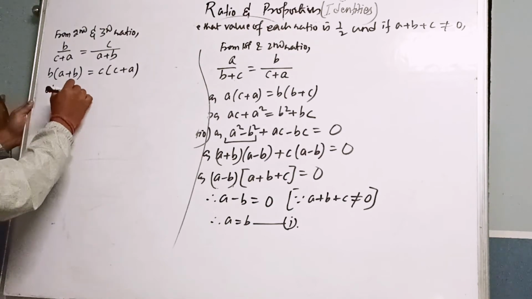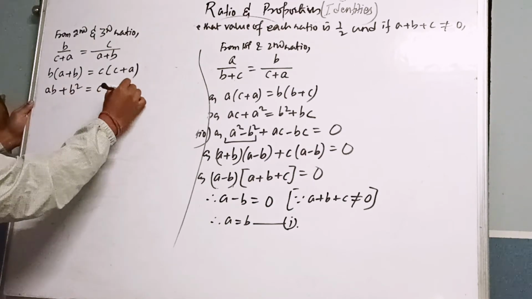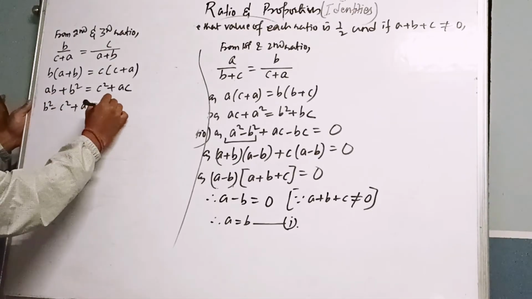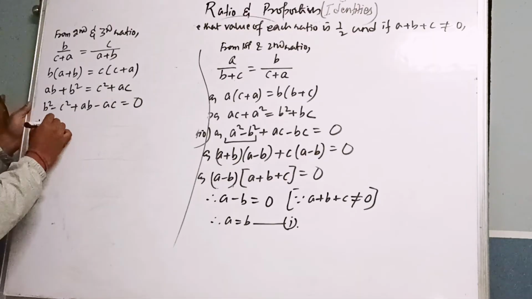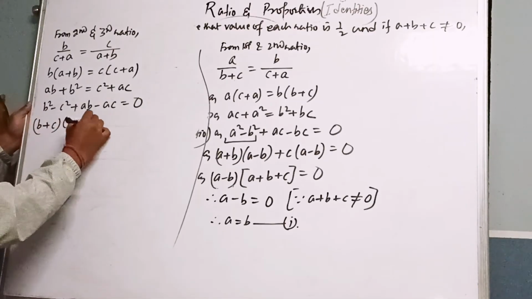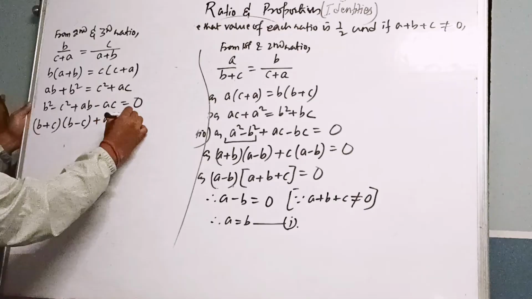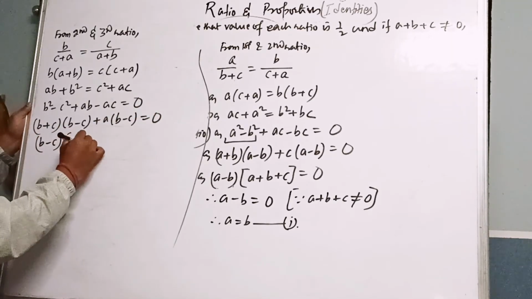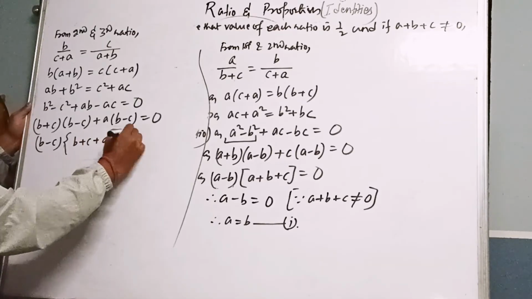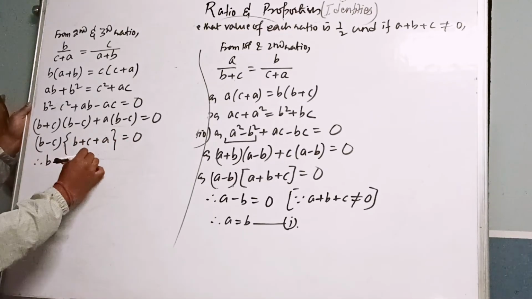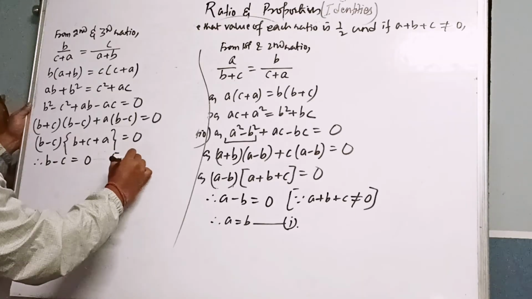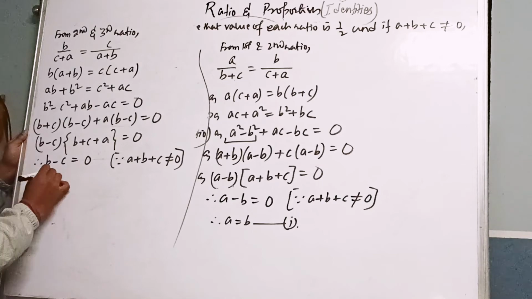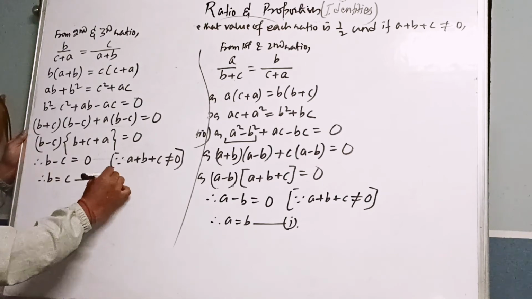Multiply this one, so a square minus b square, find the common factor. It is clear that b minus c equals 0 since a plus b plus c is not equal to 0. So from this relation, it is clear that b equals c.